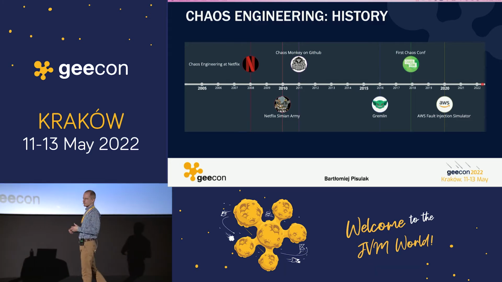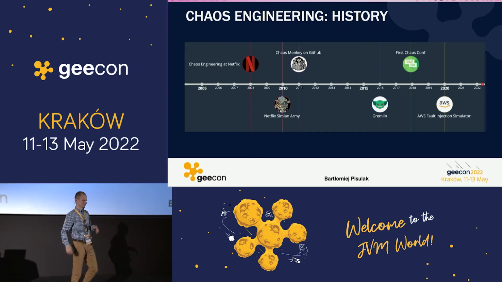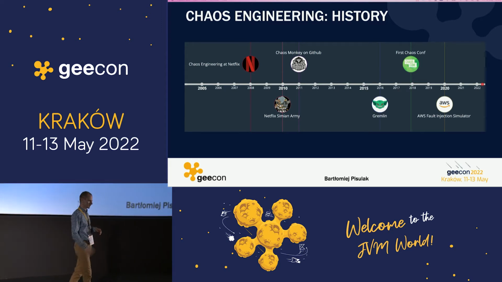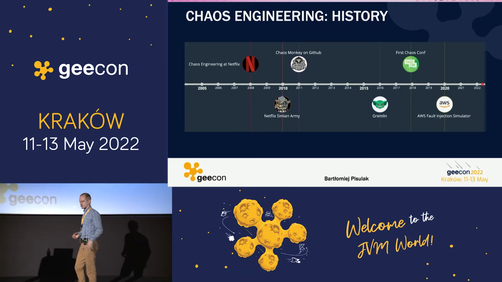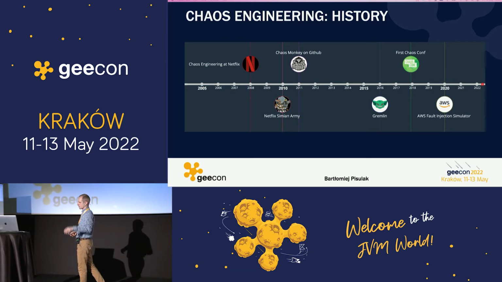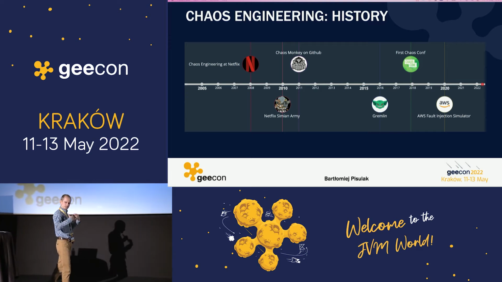You can think about Chaos Monkey like this: you're taking a monkey, giving it a gun, putting it in a server room, and the monkey is killing your servers randomly. That's what this tool was doing. And then they were, of course, doing all that process of chaos engineering that we talked about on the previous slide. And it was very successful.